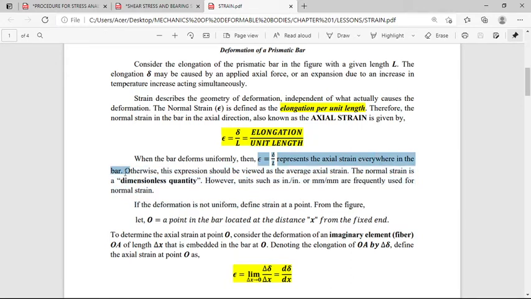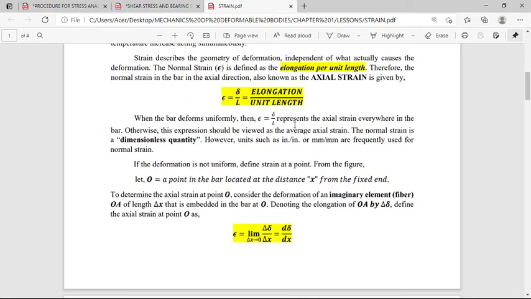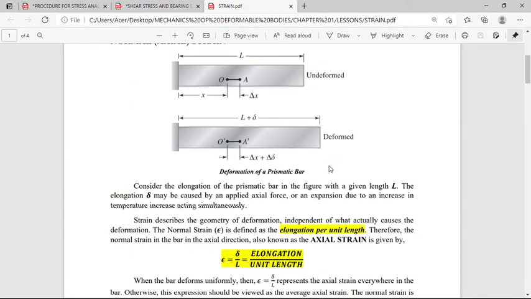Kapag uniform ang deformation, ibig sabihin yung buong katawan ng prismatic bar na to ay nakakaranas or nire-representa ng iisang strain lamang. Kahit saan mo tignan yan, kapag uniform ang deformation, meron lang iisang strain na nararamdaman dito sa buong cross-section or buong kahabaan ng prismatic bar.